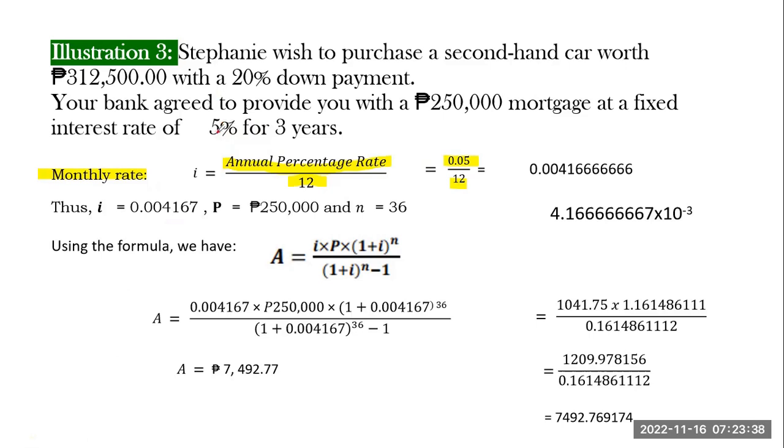Pag whole number siya, yung decimal niya is nasa dulo. So, move to place 1, 2. Tapos dito na yung point. Tapos mag-add na lang kayo ng 0 doon. Okay, so that's 0.05, the same lang siya with 5%.